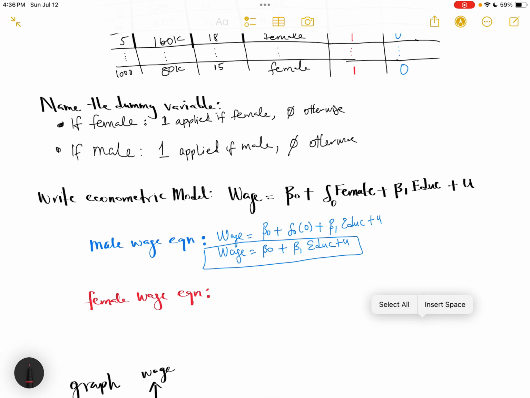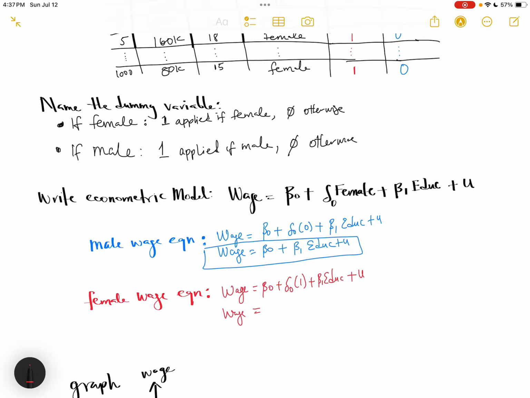The female wage equation, and I'll change colors now to red, is this one: wage equal beta 0 plus delta 0 times 1 plus beta 1 times education plus u.